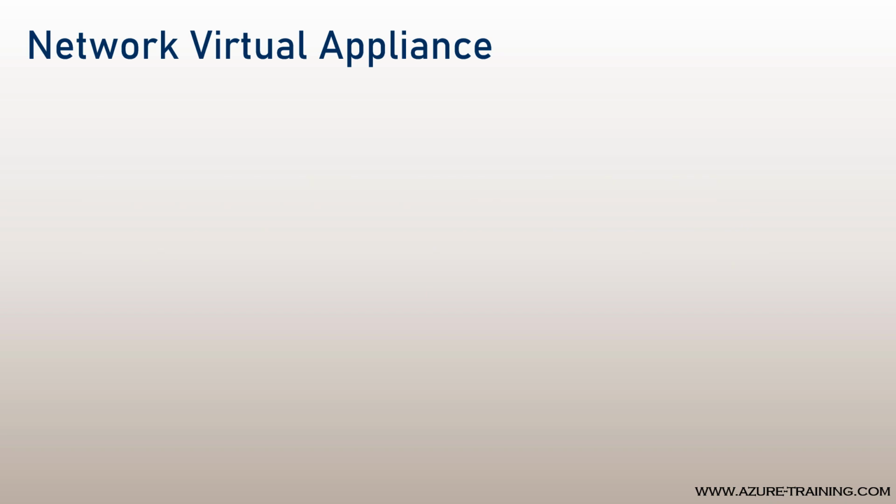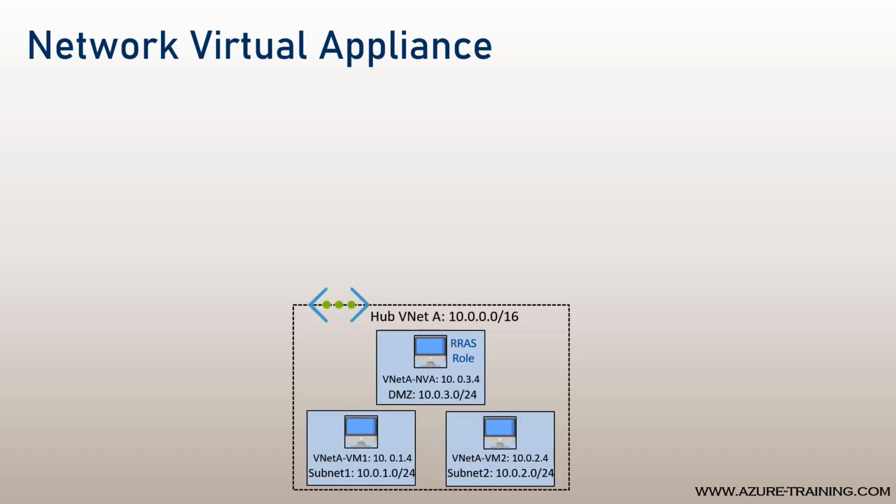Now that you understand what a network virtual appliance is, let me explain it with an example to make it more clear. We have a virtual network named VNet A. We are considering this as a hub virtual network. It has an IP address space of 10.0.0.0/16, and it has three subnets: subnet 1, subnet 2, and DMZ. This DMZ is for demilitarized zone.